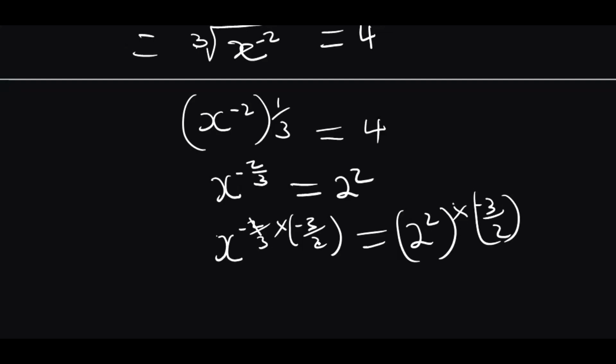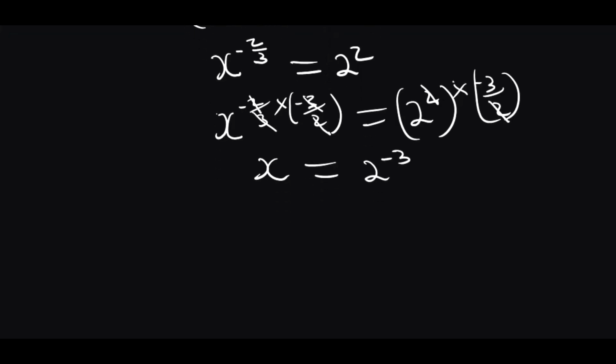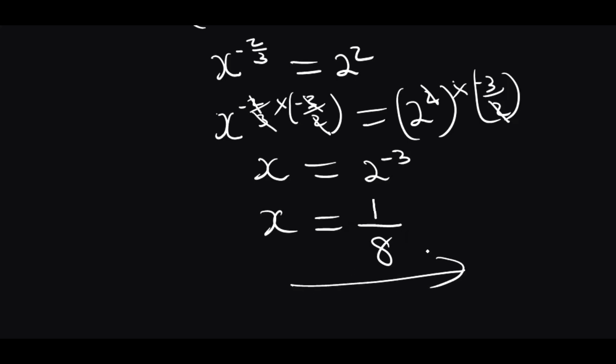Right, this negative 2 will divide this negative 2, 3 and 3. Then on the left hand side, we have x equals to, these 2 and these 2 will divide each other, meaning we have 2 to the power negative 3. We can write this 2 to the power negative 3 with a positive exponent as x is equal to 1 over positive 8. Right.